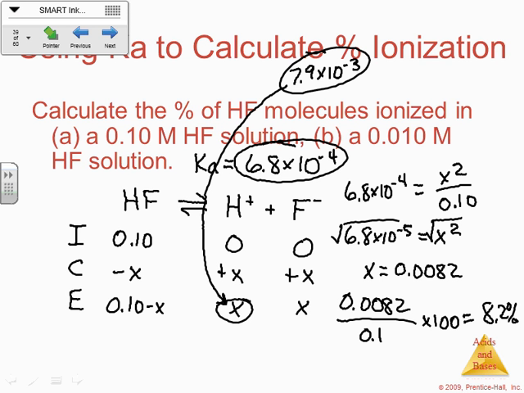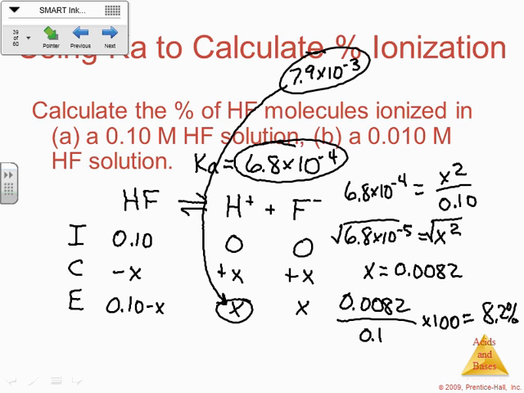Okay? That's our H plus concentration, our H3O plus concentration. So that's basically telling me out of the 0.1 molar solution we had originally, 7.9 times 10 to the negative third of that H plus actually ionized.